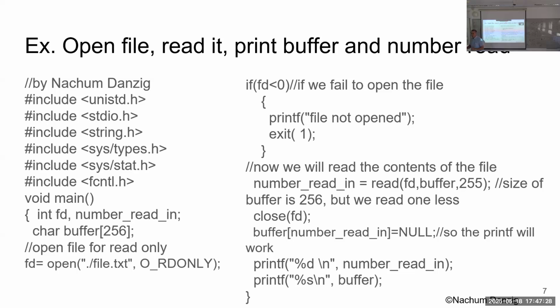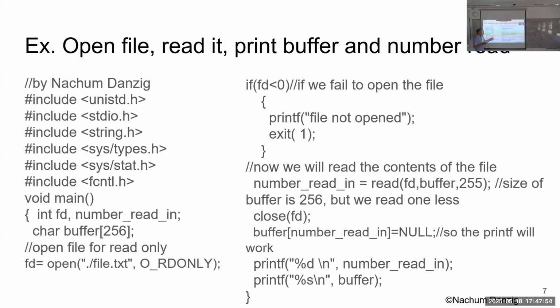It prints until it hits a null. There's no guarantee what that garbage is. It might not be null. So I have to put the null in so that the buffer is, quote unquote, a string. The definition of a string is a set of characters ending with a null. If it doesn't end with a null, it's just a set of characters.